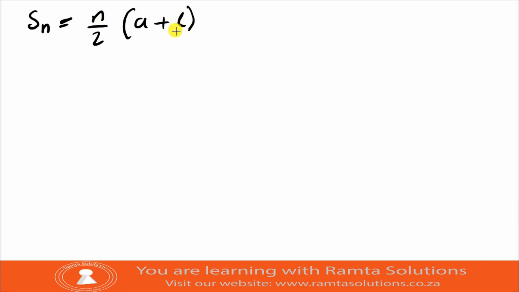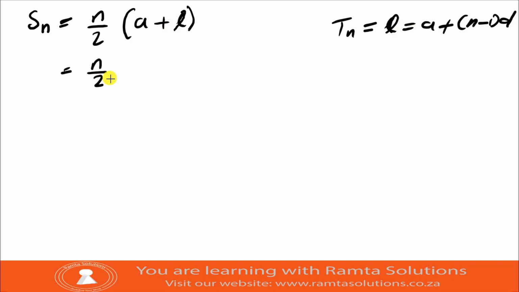However, I remember saying this L is the last term. If you remember, we said Tn equals L, which is a plus n minus 1 times d. So in place of L, I'm going to put a plus n minus 1 times d.